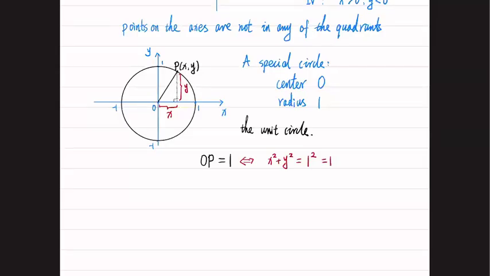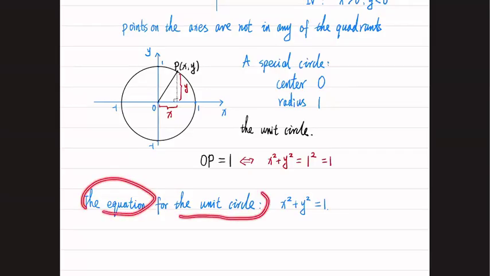So now we get the equation for the unit circle. We say this is the equation for the unit circle.